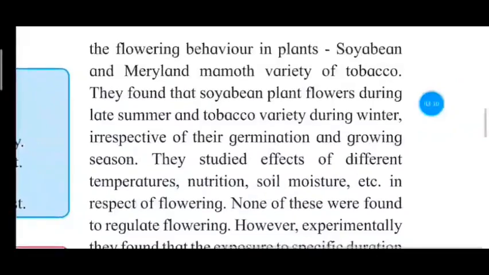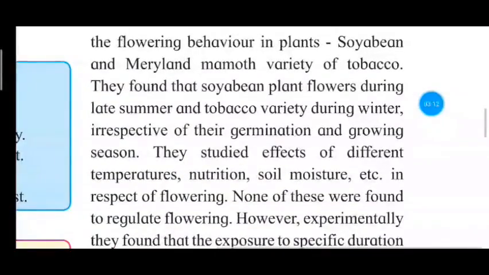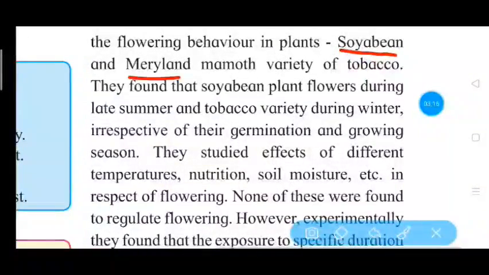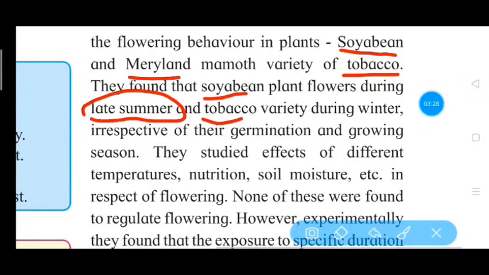They were studying the flowering behavior in the soybean plant and the Maryland Mammoth variety of tobacco. They found the soybean plant flowering during late summer, while the tobacco plant flowered during winter, irrespective of their germination and growing season.